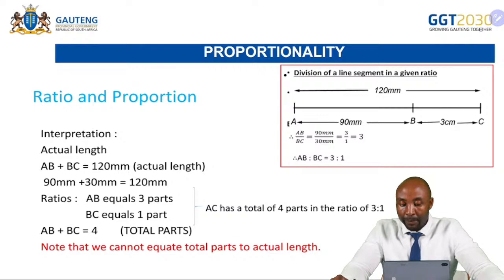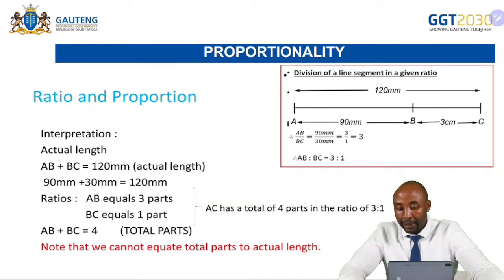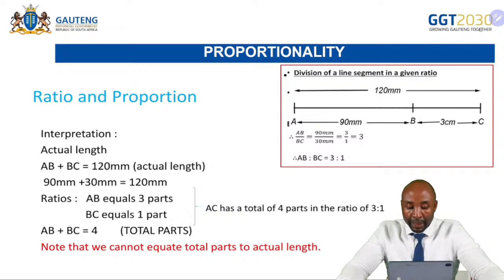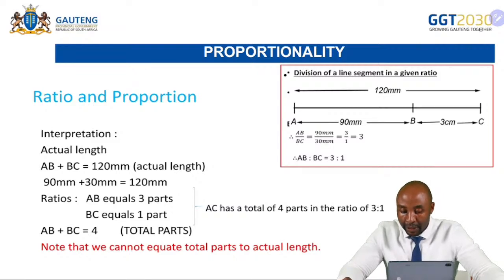The ratio of AB equals 3 parts and BC equals 1 part. If you add 3 parts and 1 part, you will end up getting 4 parts. So that is why we are saying, if we are looking at ratios, AB plus BC will give us the 4 parts. But when you want to express the fraction of AB, it becomes 3/4.